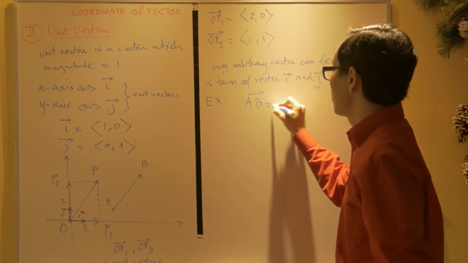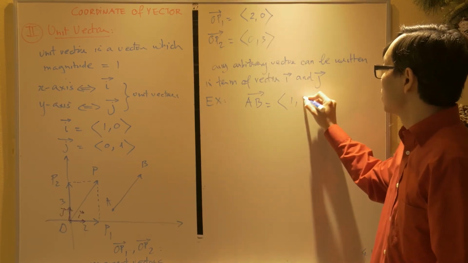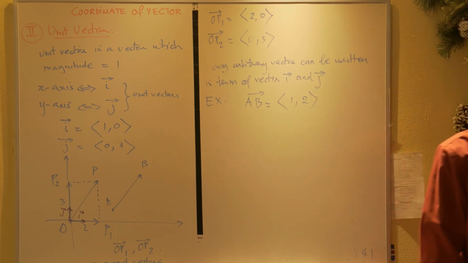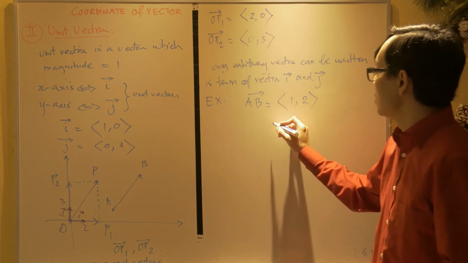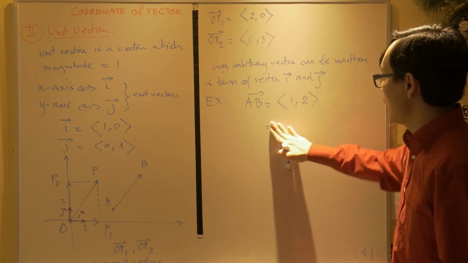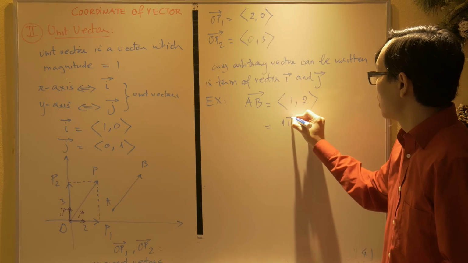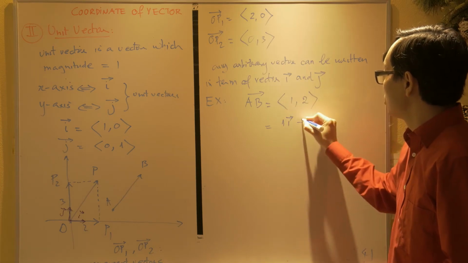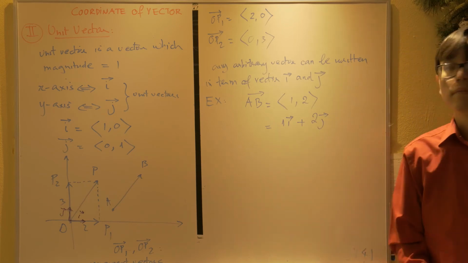I just make them up, okay? The coordinate is 1, 2. Then I can write the coordinate of vector AB in terms of vector i and j as follows: 1i plus 2j.